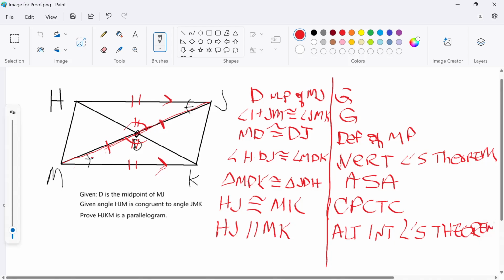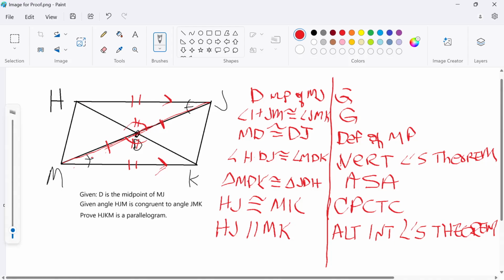The alternate interior angles theorem is true and the converse. If two lines are parallel, then alternate interior angles when they're cut by a transversal will be congruent, or the converse, when alternate interior angles between two lines cut by a transversal are congruent, then the lines are parallel. So HJ and MK are parallel.